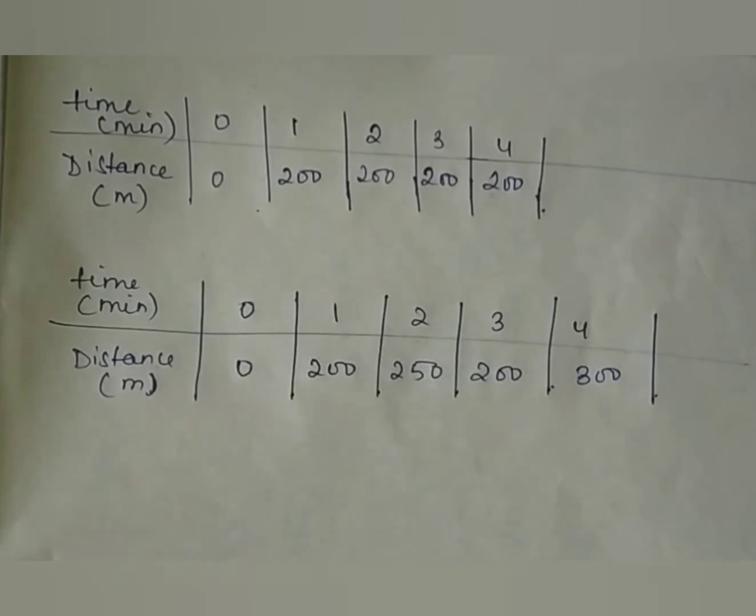This type of a motion wherein an object travels unequal distances in equal interval of time is said to be a non-uniform motion. So in this case you are under a non-uniform motion. So I hope the difference between uniform and non-uniform motion is clear.